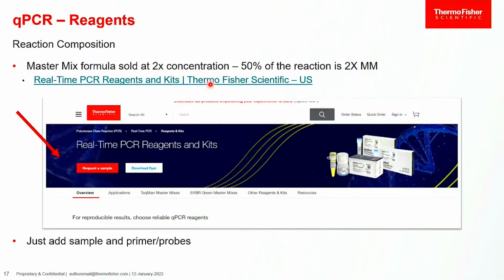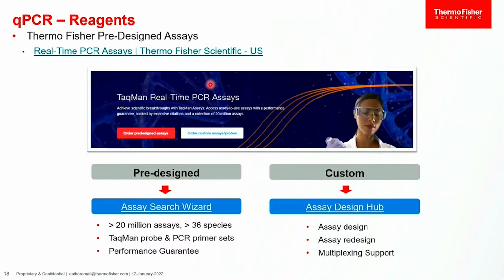From here, we have either a SYBR master mix where all you need to do is add sample and primers. We also have TaqMan master mixes where you add your sample, and as I mentioned, we have pre-designed assays. So we have already done the work of making primers and probes in a set to do what you want.